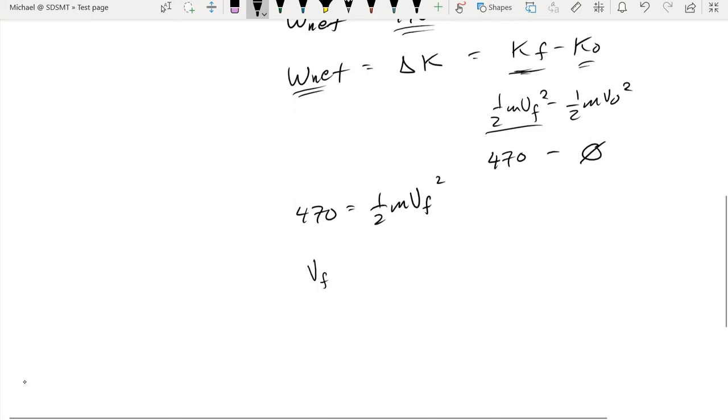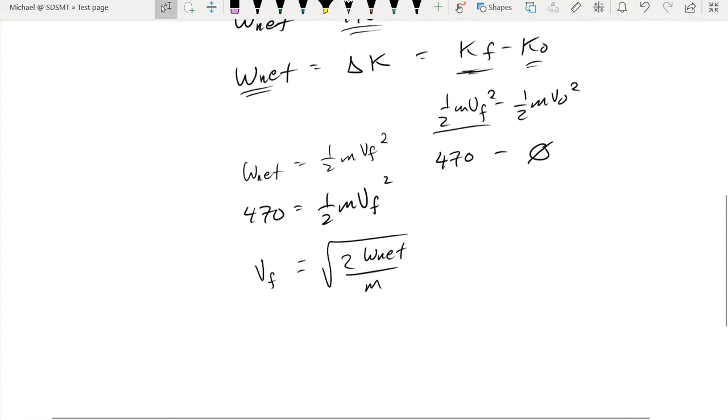So that's going to give us, let's see, 940. Actually, let's take this a step back. The 470 is the net work, but we can say we have 2 times the net work divided by the mass, and then we have to square root everything. So the magnitude of this will be the final velocity magnitude of our mass.